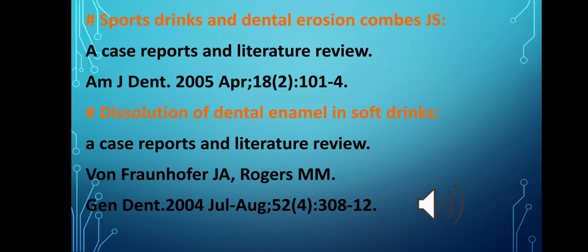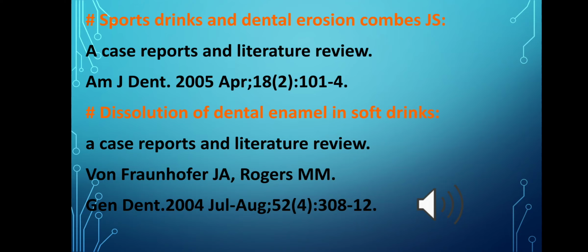Other factors such as drinking habit and salivary production may be more important determinants of dental erosion. The review was studied by Jeff S. Coombes, 2005, April.